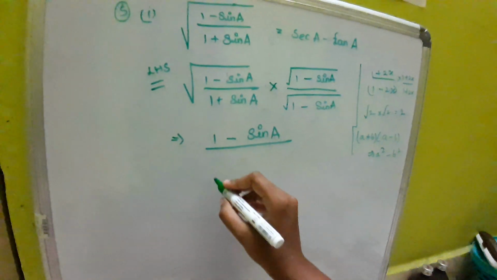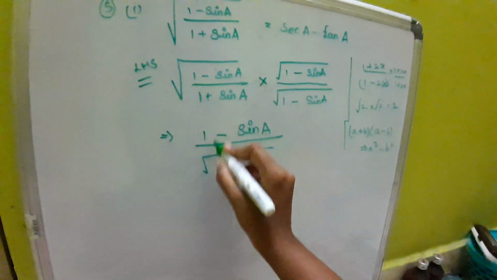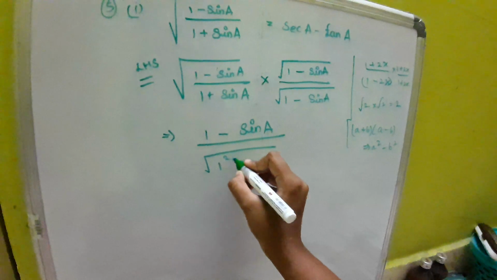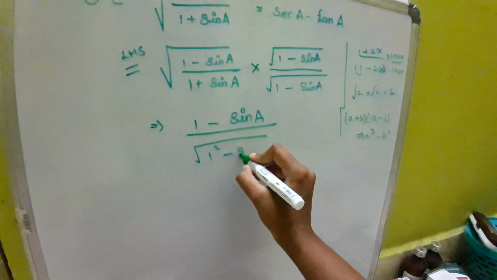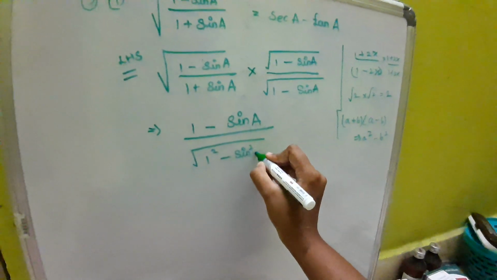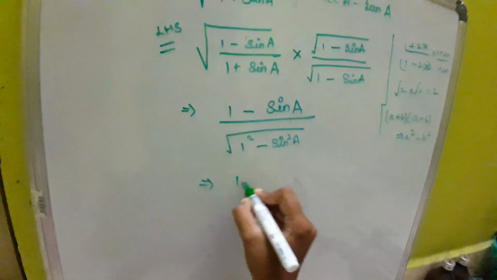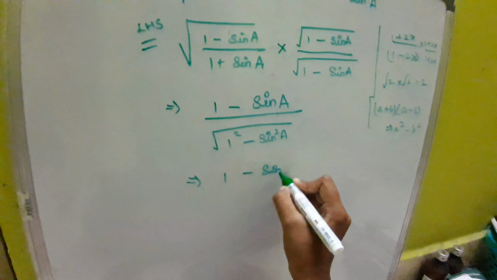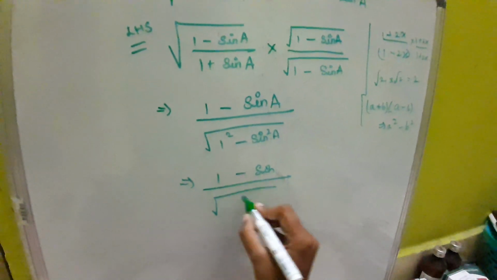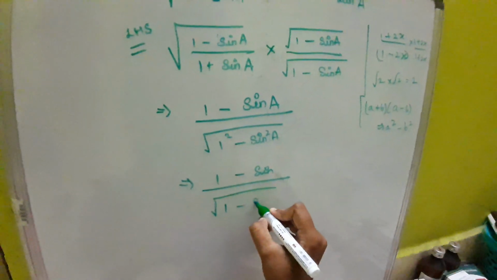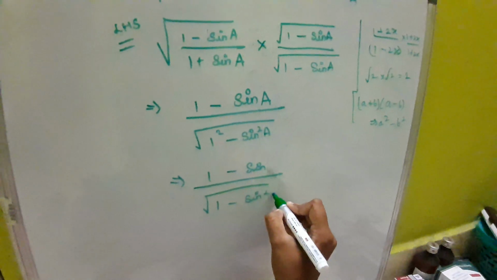Okay, root A is 1, so 1 square, minus B is sin A, so sin square A. So 1 minus sin A divided by, we can also write 1 square as 1 only, right? So 1 minus sin square A.